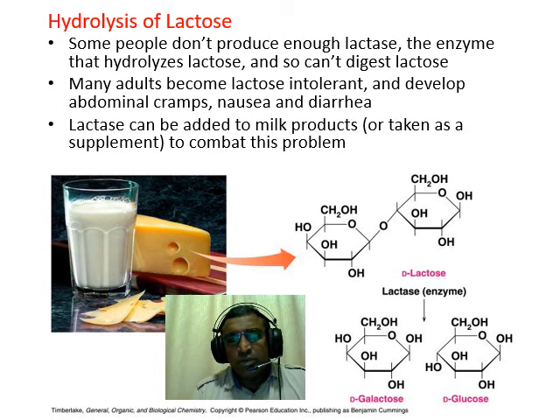When these individuals consume milk, lactose builds up in the digestive tract and causes symptoms such as abdominal cramps, pain in the stomach area, nausea, feeling dizzy, wanting to faint or even fainting, and diarrhea. To overcome this, it's possible to take lactase, the enzyme, as a supplement in the form of a capsule or tablet before consuming fresh milk.